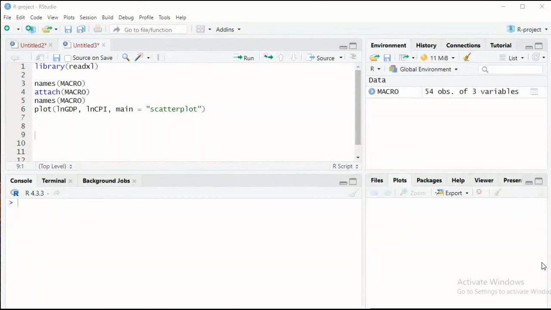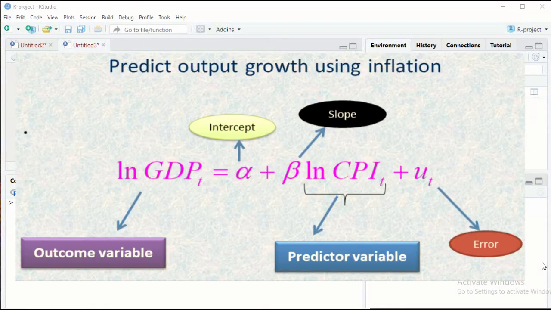What we actually would do is estimate the following model: ln of GDP, the natural logarithm of gross domestic product, is equal to alpha, which is the constant, that is the model intercept, plus beta times the natural logarithm of consumer price index, plus u_t.